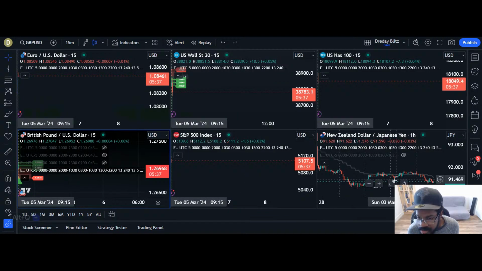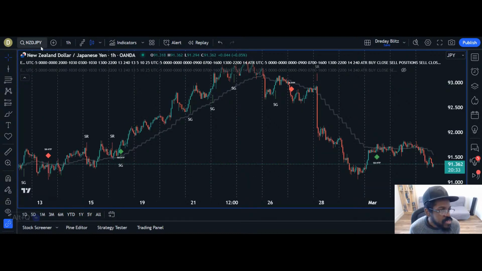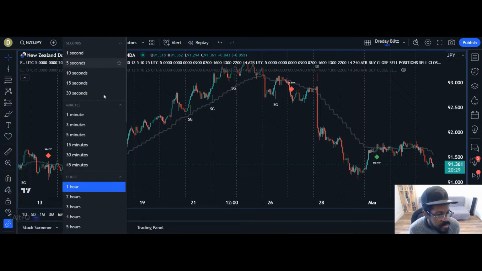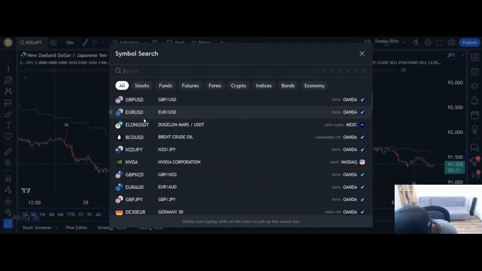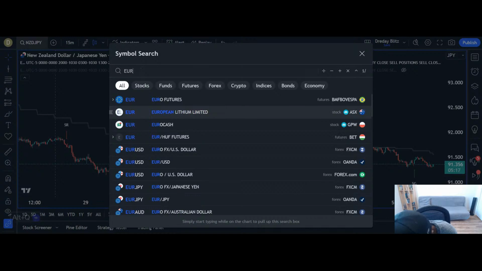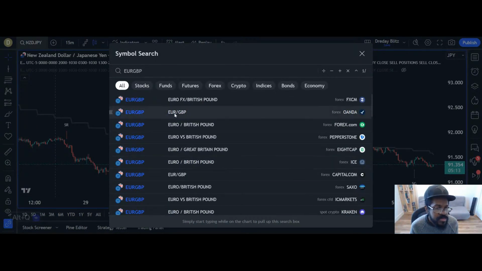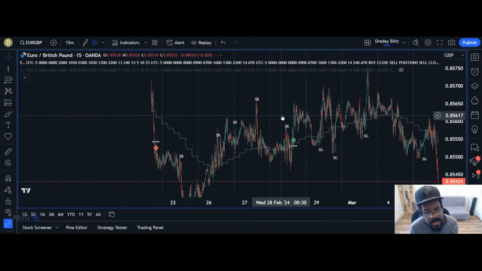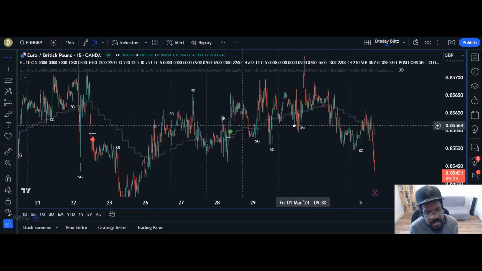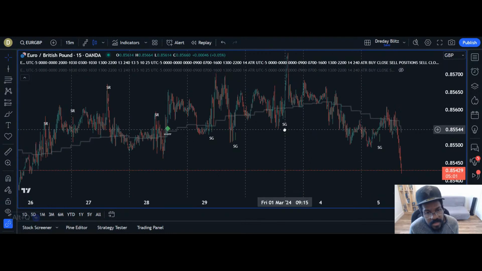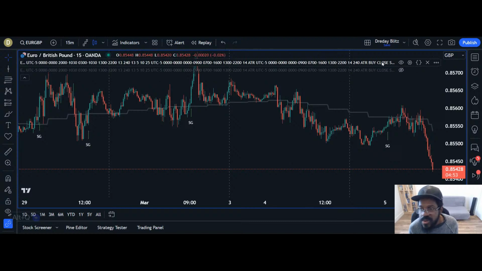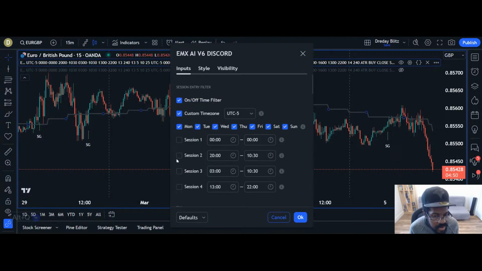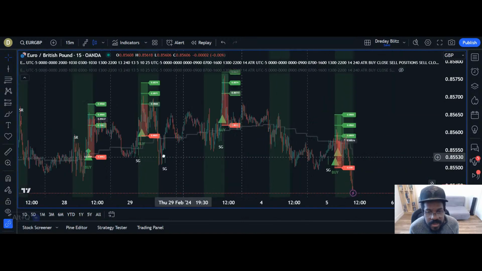It's now consolidating a little bit. Finally, we're going to go on Euro GBP and look at the 15-minute.